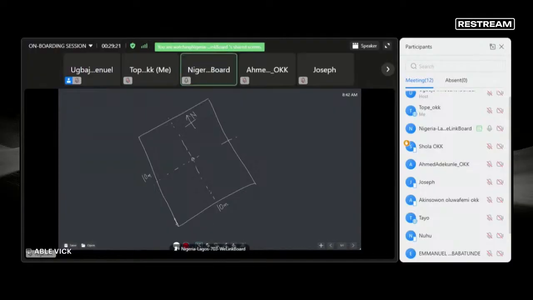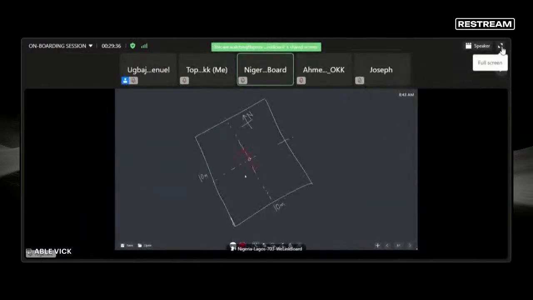Tower foundation is 2.2 by 2.2. You have 1.2 in this axis for your tower foundation. Complete your tower foundation setting out with 2.2 by 2.2.